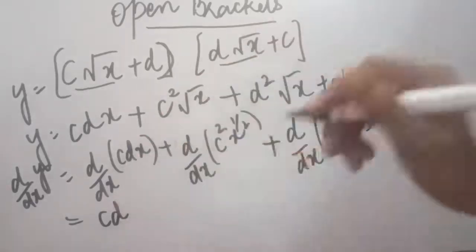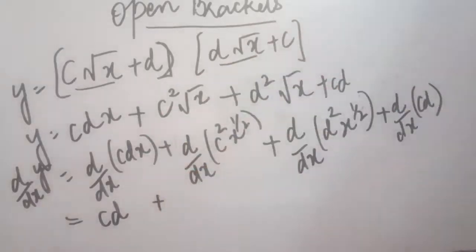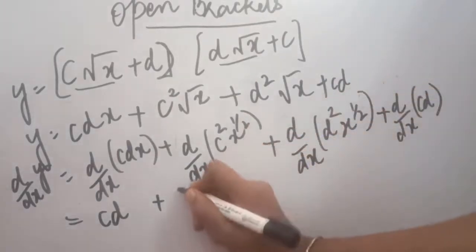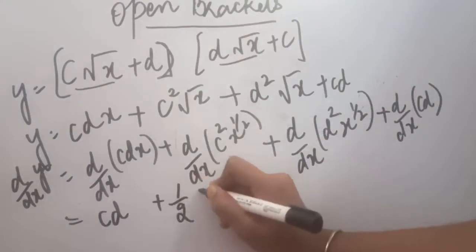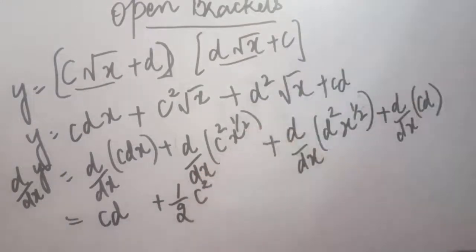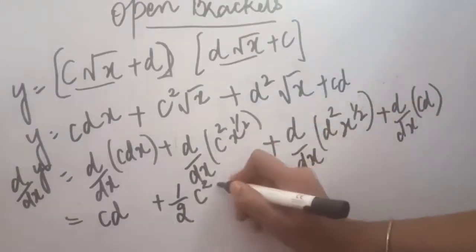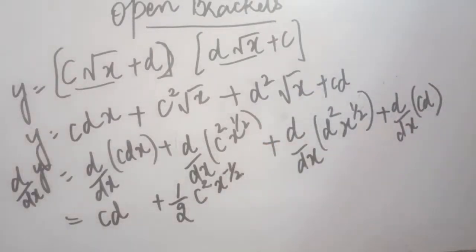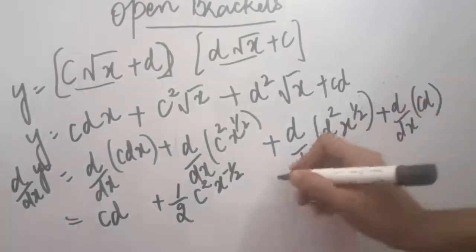So the first derivative is this. Plus now again we will have to take the derivative of this. Now x power is half. This half will come here and c square will be at its own place, and x power will be minus half, because already it is half and when we reduce 1 out of this, it becomes minus half.